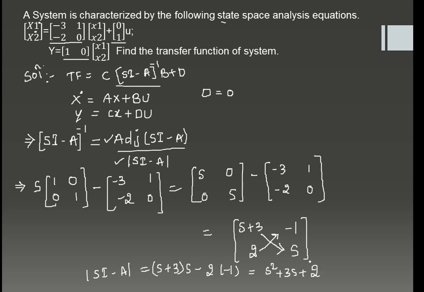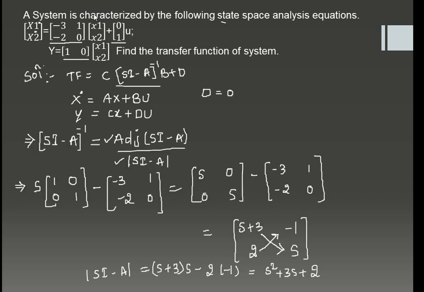Now we have to find out the adjoint of SI minus A. The SI minus A matrix is [S plus 3, minus 1; 2, S].